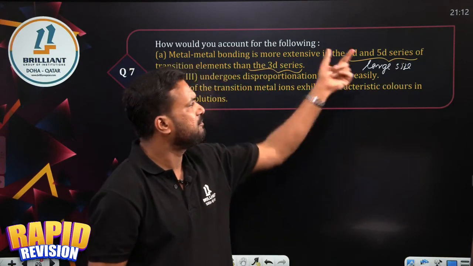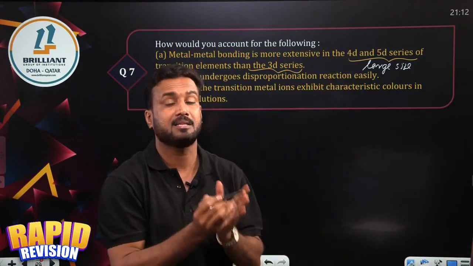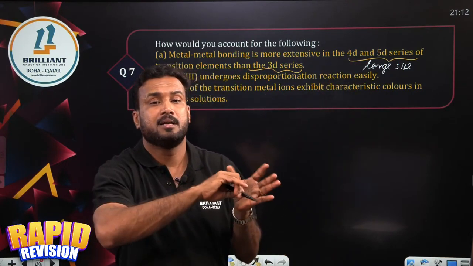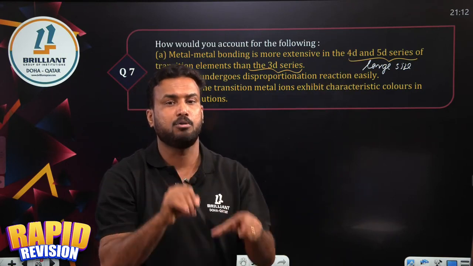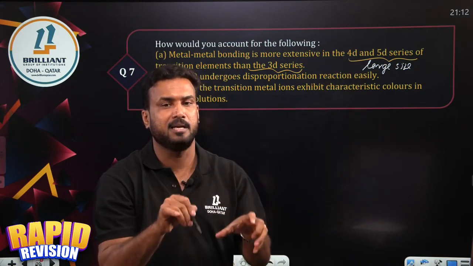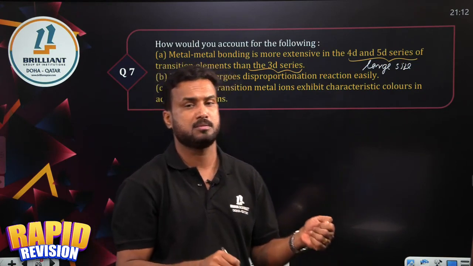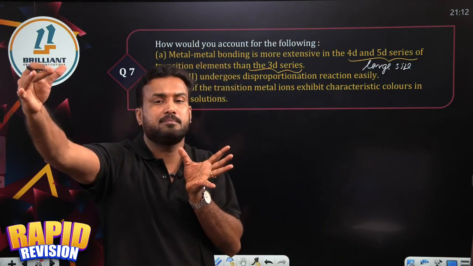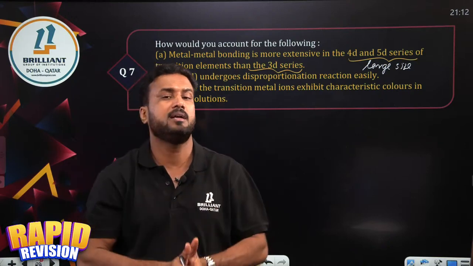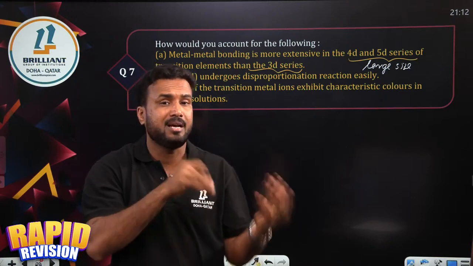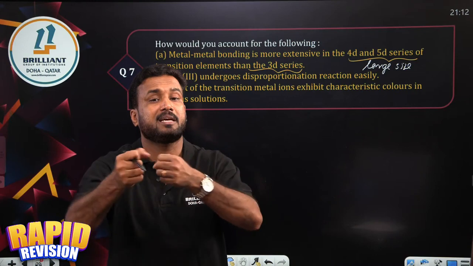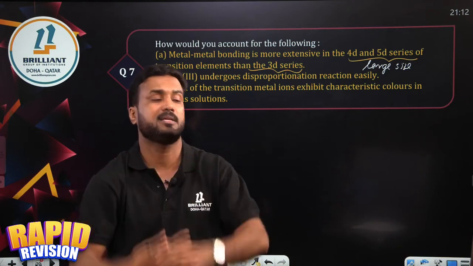Because of larger size, the outermost electrons in 4d and 5d are loosely held by the nucleus. If orbitals are away from the nucleus, electrons are loosely held. Electrons loosely held by the nucleus means they can form frequent metal-metal bonds.